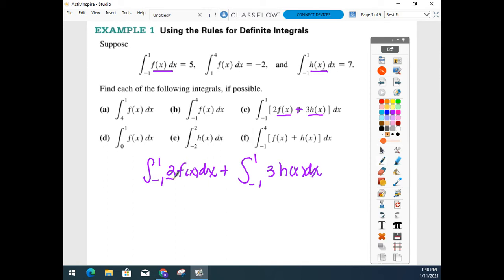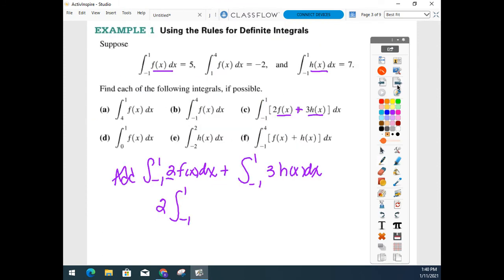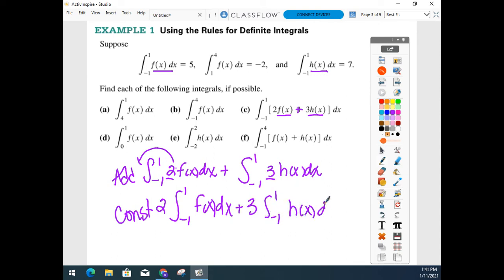Then because this is a constant, I can take 2 times, so this is the additive, sum and difference, sorry. And then this is the constant multiple. Since this is 2 times f of x, I can pull the 2 on the outside. Because this is 3 times, I can pull it on the outside.